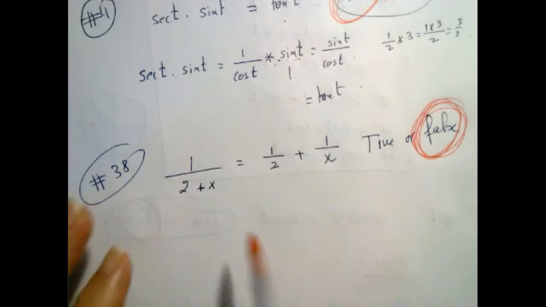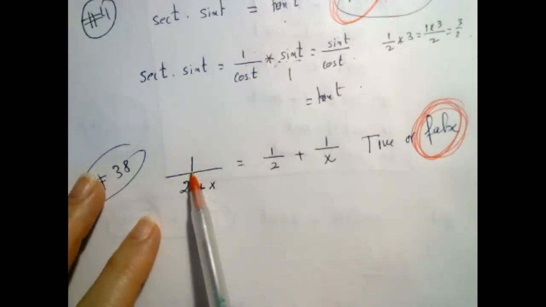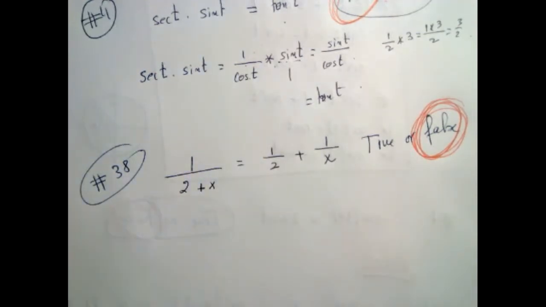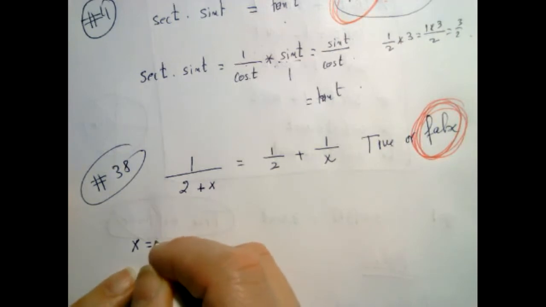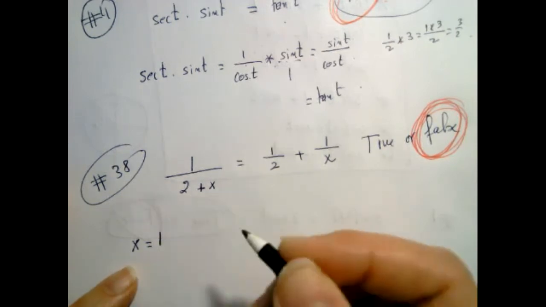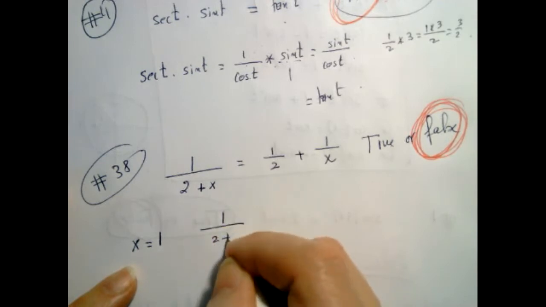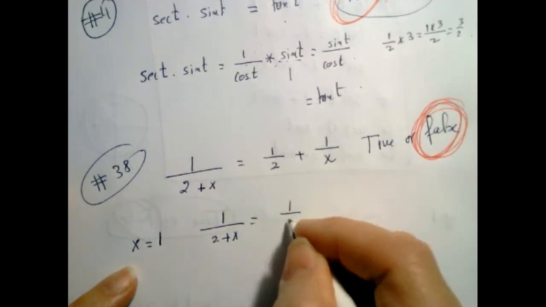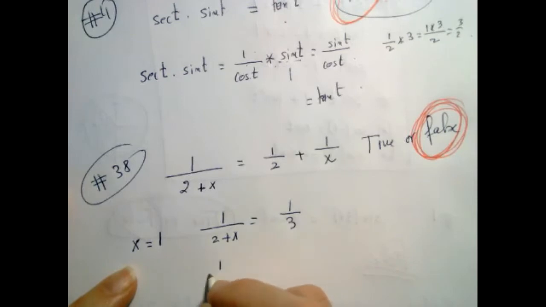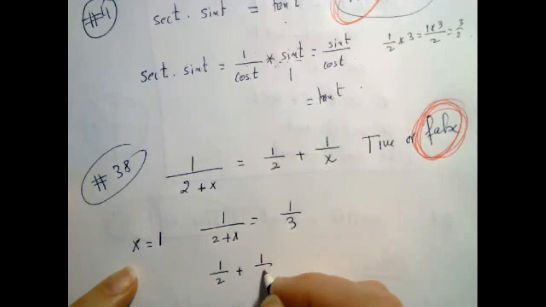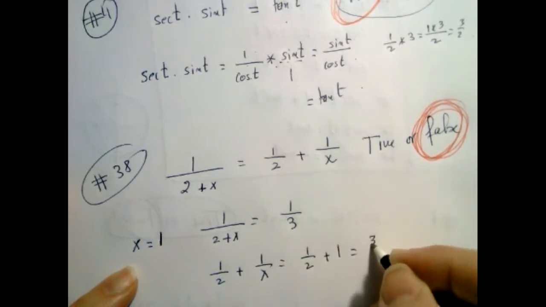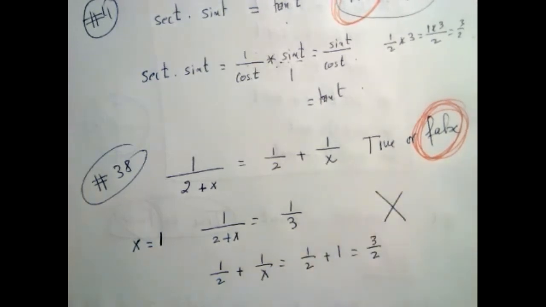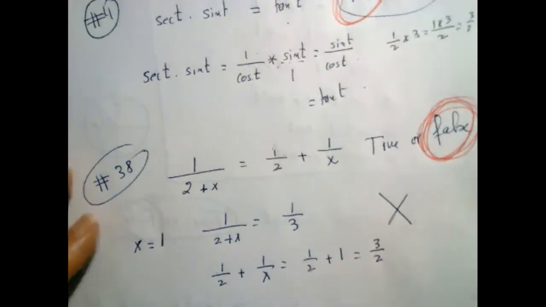We cannot ever break the denominator. We can break the numerator. Now, how do you convince me it is false? Let's just take x to be 1. So 1 over 2 plus x is 1 over 3. However, a half plus 1 over x is a half plus 1, which is absolutely 3/2. So absolutely false statement, right?